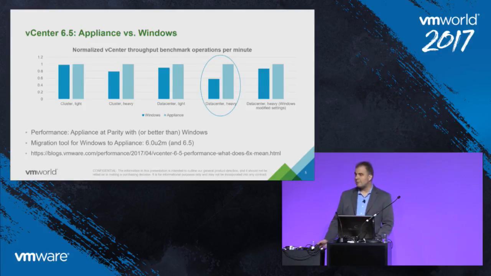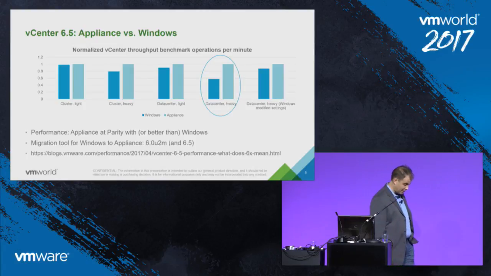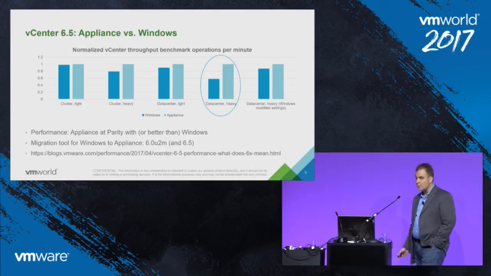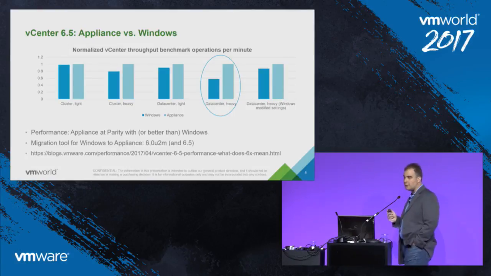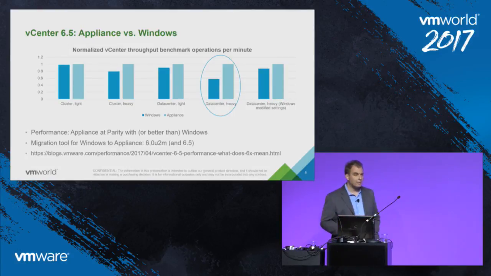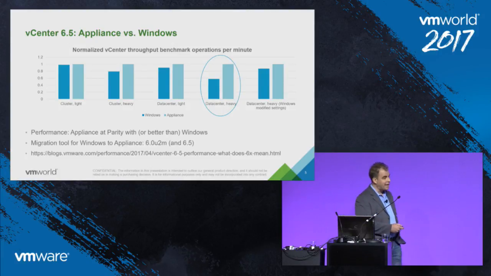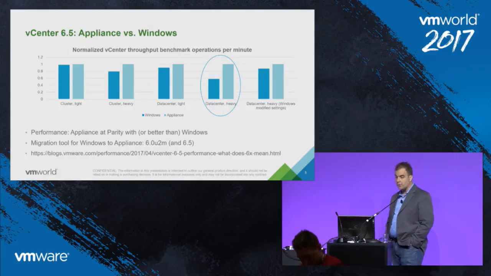There's a couple of takeaways that we really want to impress on you. The first is that we have focused a lot on making sure that the out-of-the-box performance you see with the vCenter appliance is really good and solid, both across a range of different scales and across a range of different workloads.